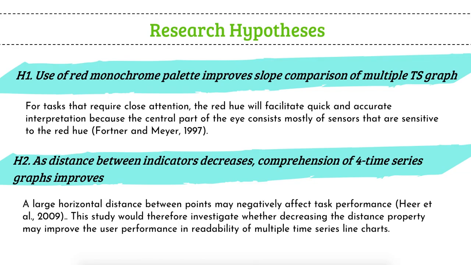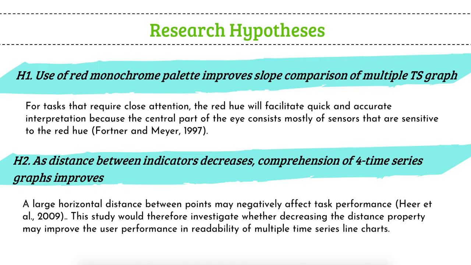Thus, we posit two hypotheses. The first is that the use of a red monochrome palette improves slope comparison of multiple time series graphs because, according to Fortner and Mayer, for tasks that require close attention, using a red hue will facilitate quick and accurate interpretation because the central part of our eye consists mostly of sensors that are sensitive to this hue.